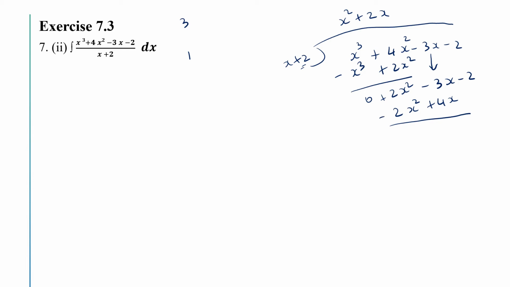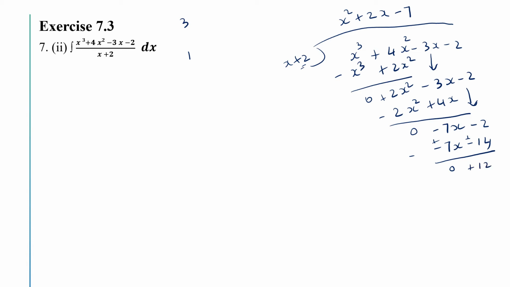Now again when we subtract, this will be 0 and this will be minus 7x, and we bring down the remaining term minus 2. Now if we multiply x plus 2 with minus 7, we get minus 7x minus 14. Again if we subtract, this will be 0 plus 12.